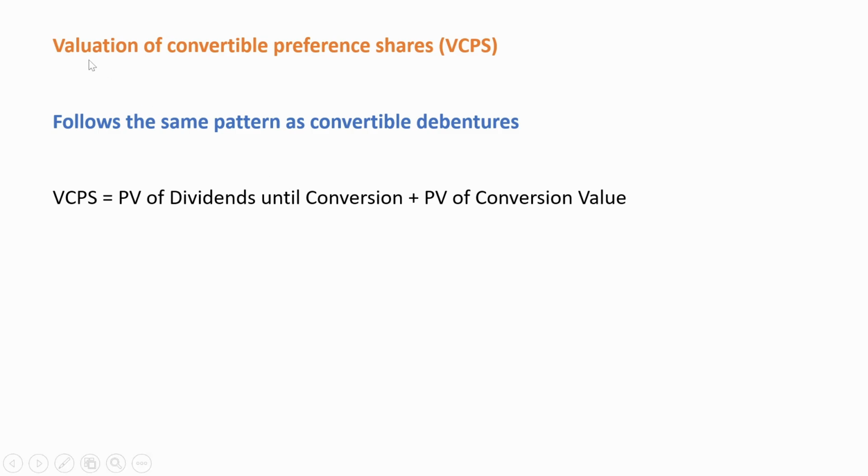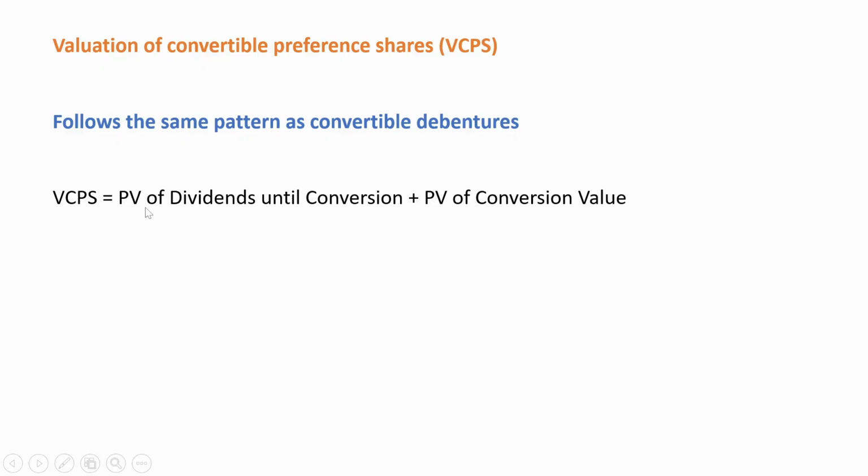But one thing you are supposed to know is that we have not looked at the valuation of convertible preference shares. But if you know how to find the value of convertible debenture, you can follow the same pattern to find the value of a convertible preference share, because the formula is given here.